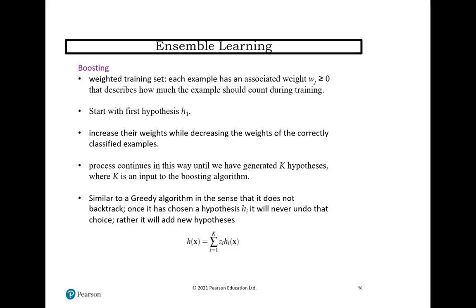So by doing that, essentially I'm trying to increase the probability that my final ensemble with all the models will do a good job, not only on the easy to classify cases, but also on the hard to classify cases.